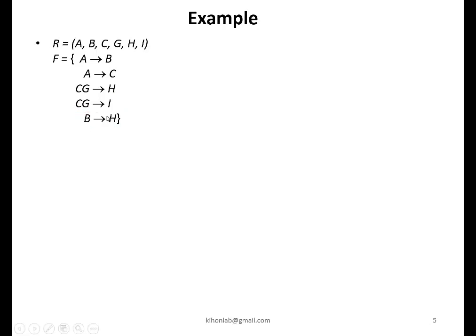As an example, here the relation is given to us: A, B, C, G, H and I, and the functional dependencies given are A to B, B to C, CG derives H, CG derives I and B derives H. Now from this, how do we get the closure set of functional dependency? Here we have A derives B and B derives H. Which axiom is this?